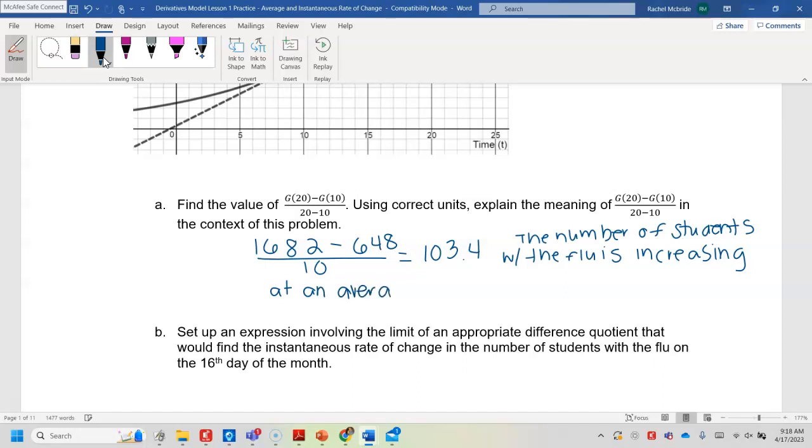An average rate of 103.4 people or students, whatever we're going to use, per day.